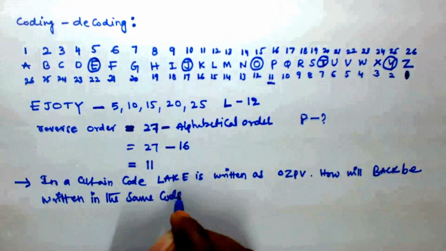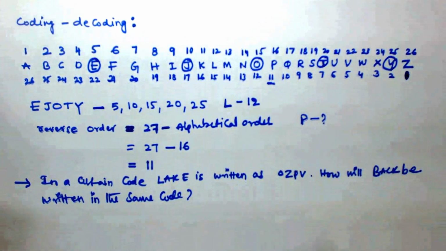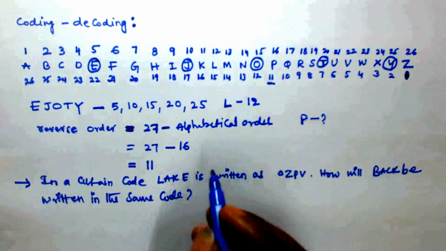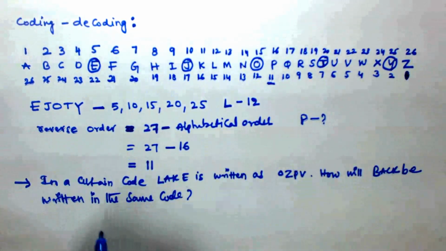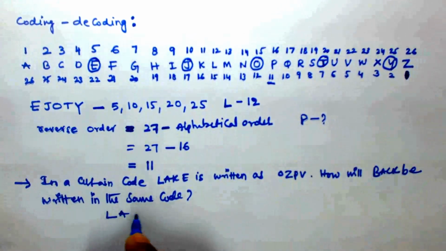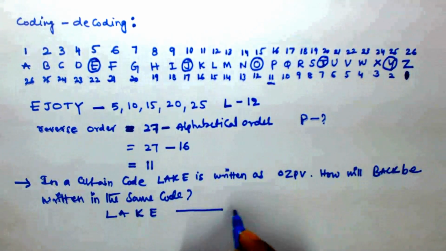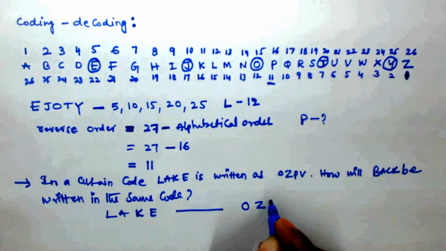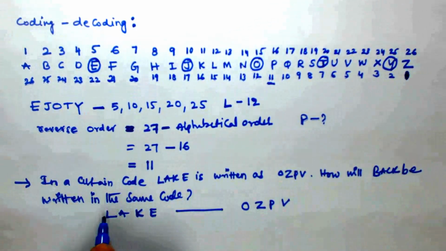So it is given that LAKE is written as OZPV. So here I take LAKE, and this is written as OZPV. So what are the values of L, A, K, E?